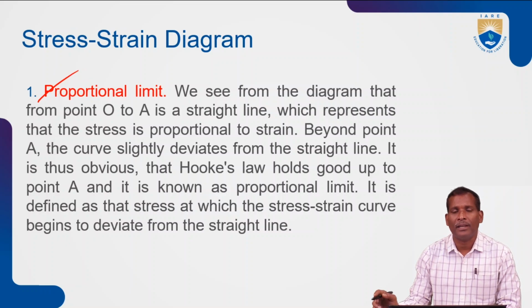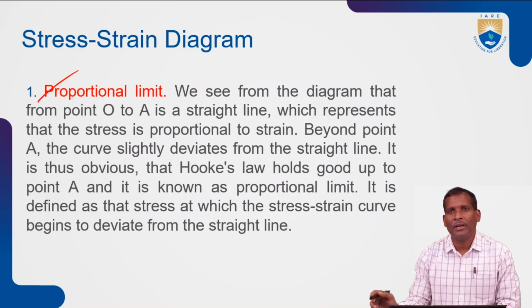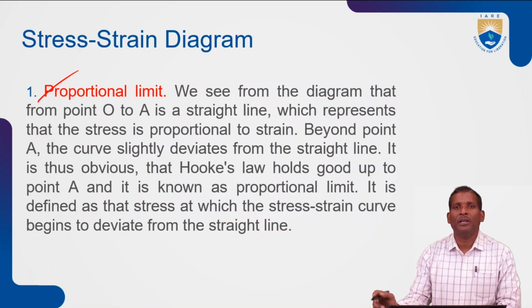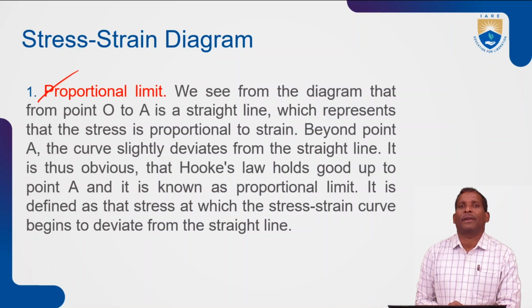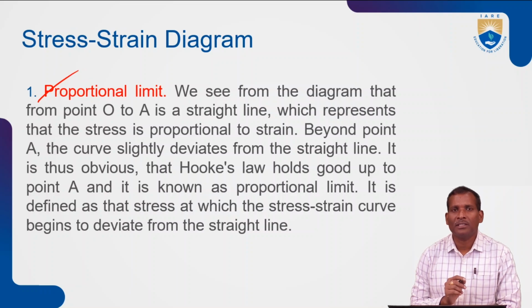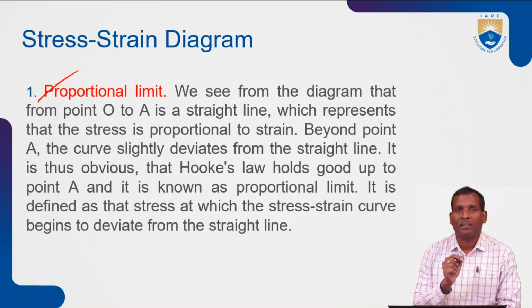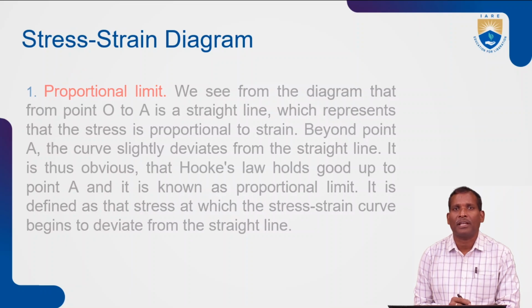Beyond point A, the curve slightly deviates from the straight line. So it is thus obvious that Hooke's law holds good up to point A, and it is known as the proportional limit. It is defined as that stress at which the stress strain curve begins to deviate from the straight line.